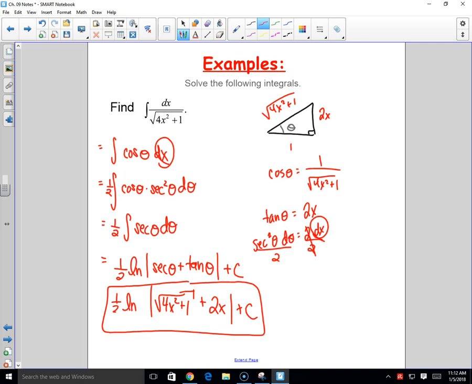So what was the first thing I did before we go to the example? Rewrite. First thing I did was realize I can't do it as it is. Then I rewrote, but I looked at this and said, hey, I think some of these are sides of a right triangle. How did I know opposite and adjacent? Why not hypotenuse? Because it was a square root.